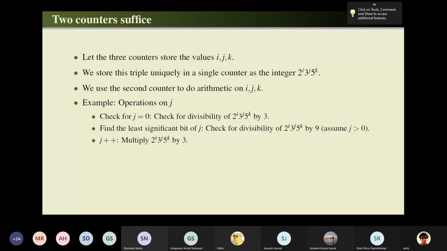Three power 3. So am I making any mistake? 3 power 3 is divisible by 9, right?